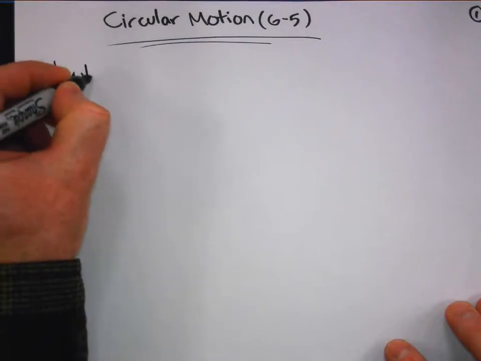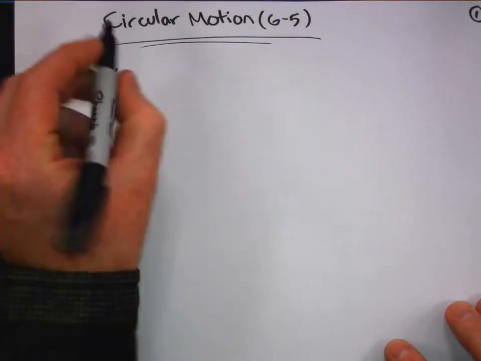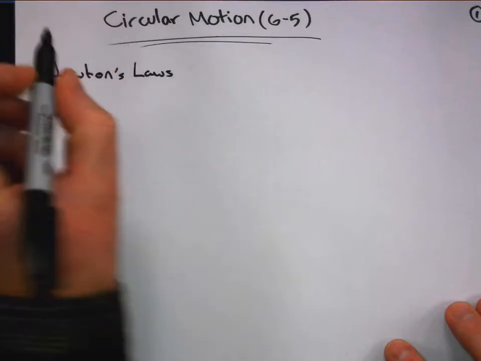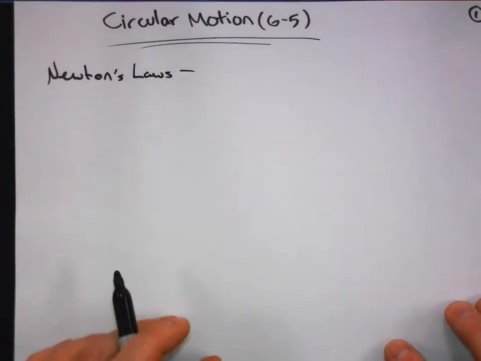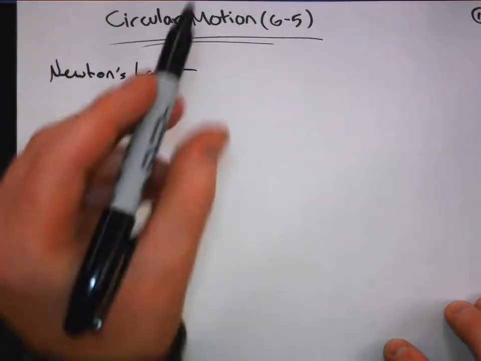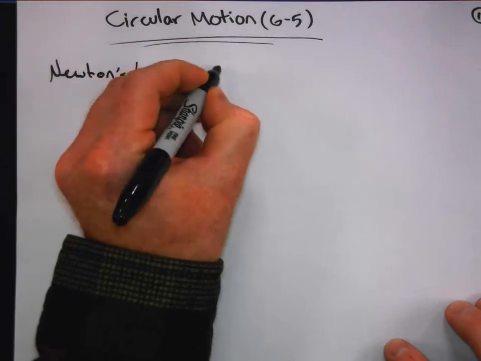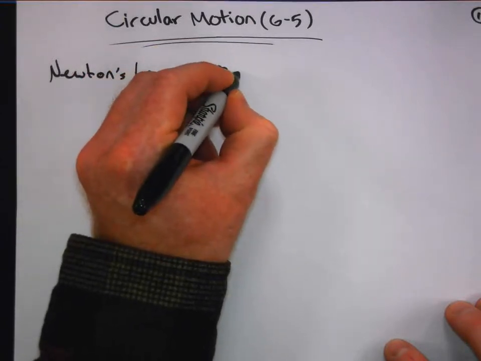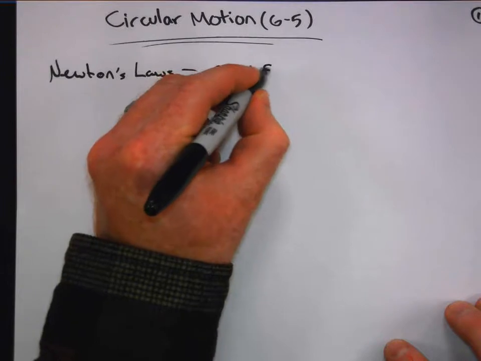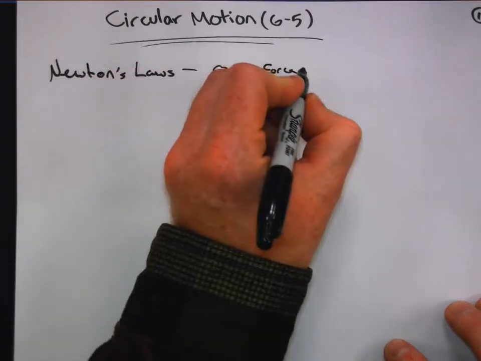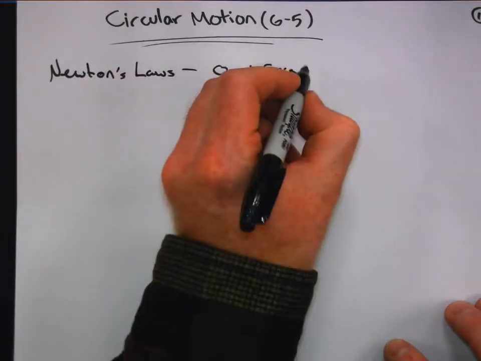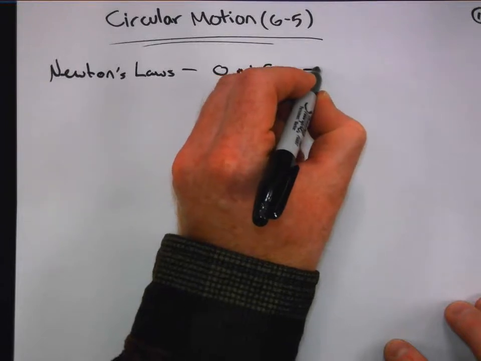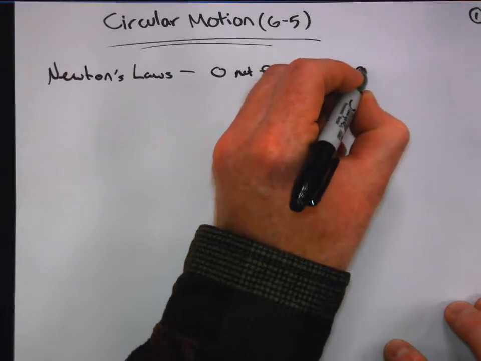I want to start out by mentioning Newton's laws again. According to Newton's laws, what we know is that if there is no net force, so zero net force, that will result in zero acceleration.